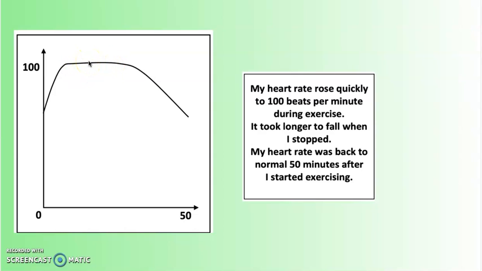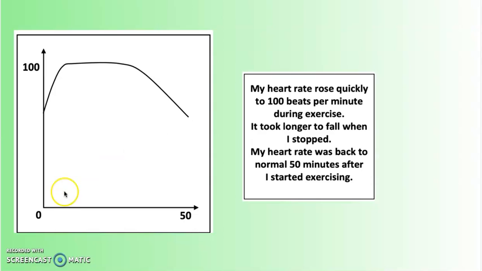Not a perfect straight line though, because your heart rate probably fluctuates a little bit. And then it falls off when I stop. So my heart rate goes back to about normal after 50 minutes of exercising.